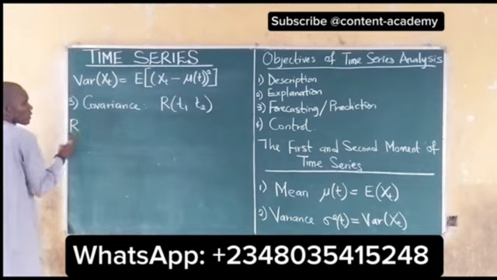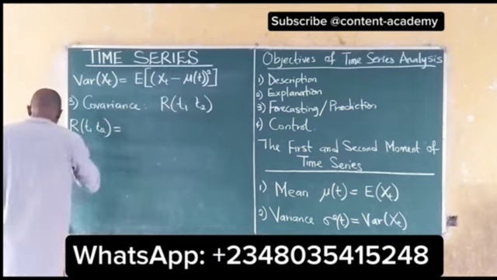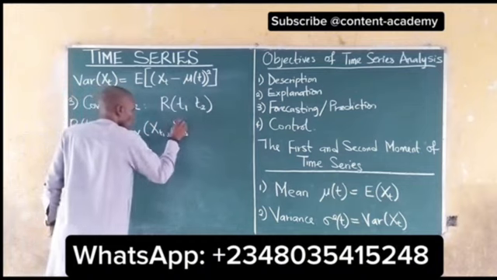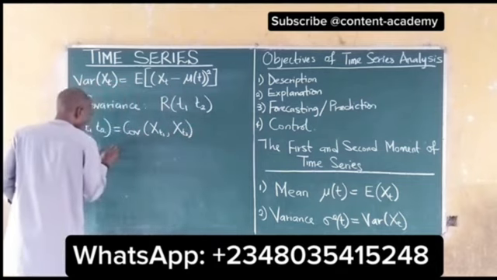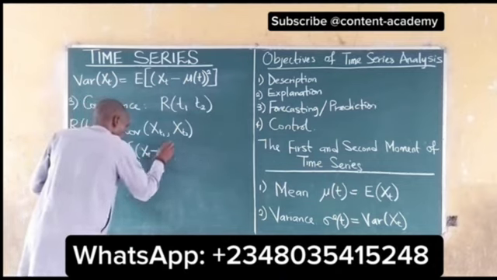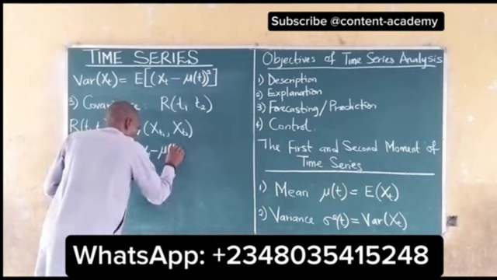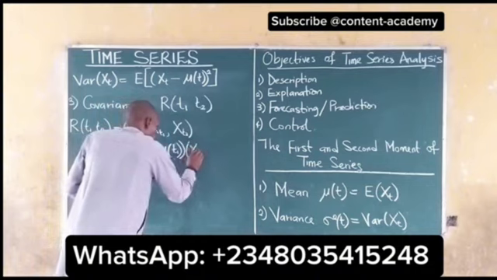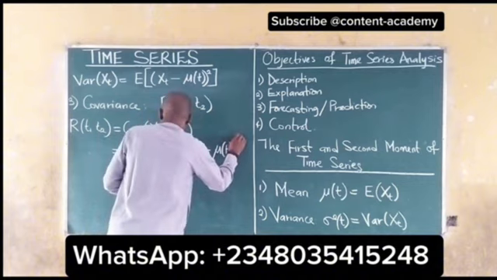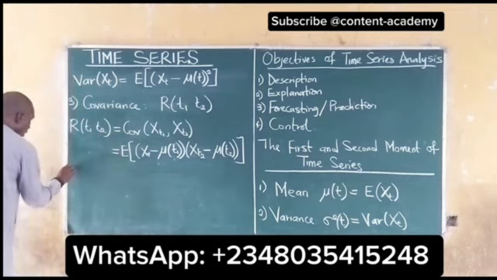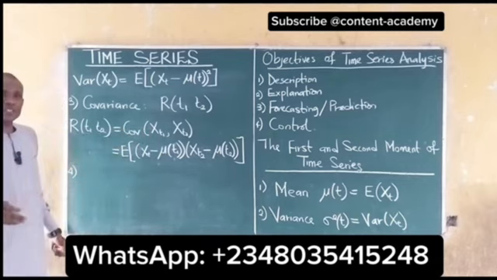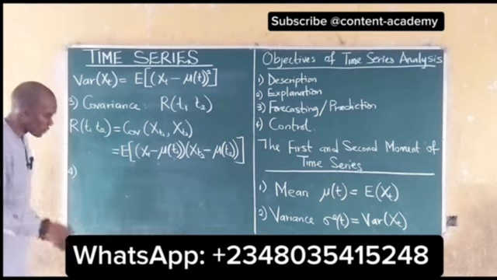We can write R of t1, t2 to be equal to the covariance of xt1, xt2, which is also equal to the expected value of xt1 minus mu t1, multiplied by xt2 minus mu t2. So this becomes our covariance. That means the first and second moments of a time series. Because before you can describe a time series, you must first describe the moments of the process, as we talked about before.